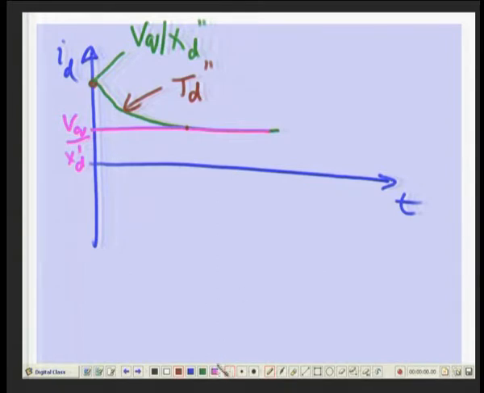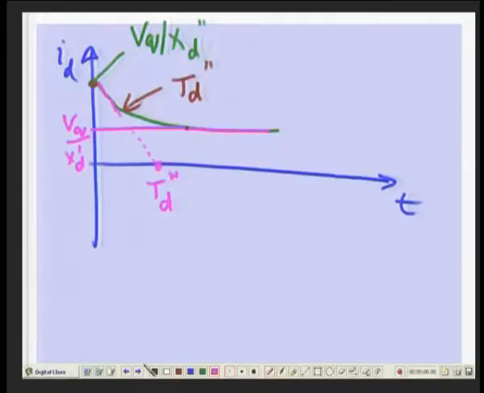If you take a slope, is it clear? This is how it dies down. So, we have now concluded that if you immediately short circuit, the ID will be Vq by Xt double dash and it will die down to Vq by Xt dash after some time.